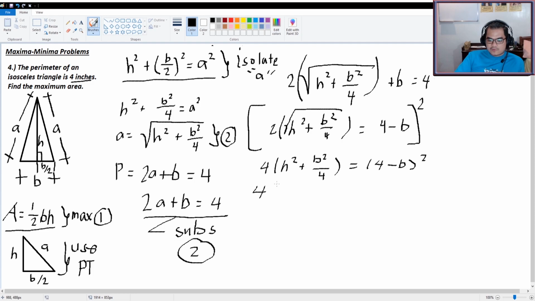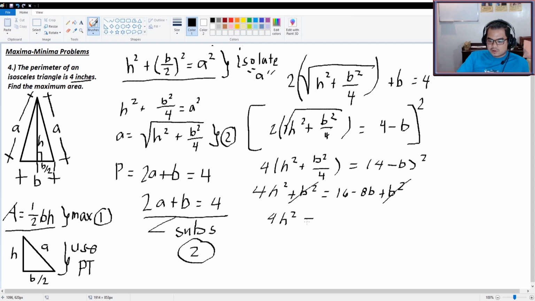So you have here 4H squared plus B squared, right? 4 now will be cancelled. And this is equal to, expand, that's 16 minus 4 times B times 2. So that is 8B plus B squared. Next, we can cancel out this one and this one since it's just the same.